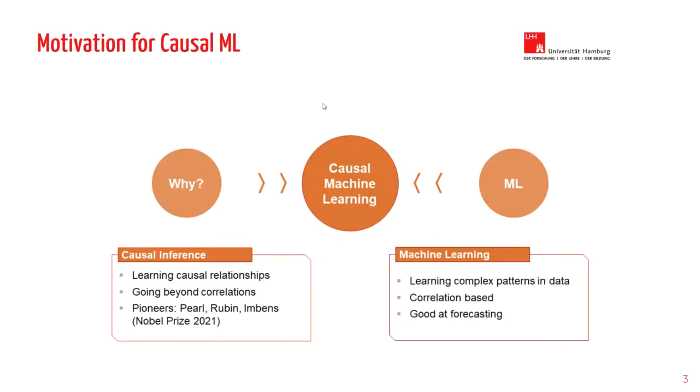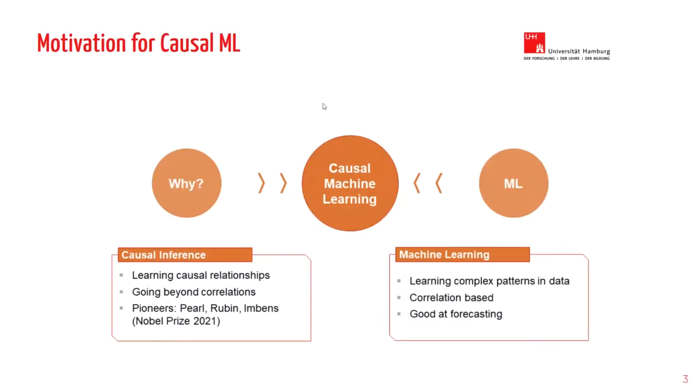On the other hand, we have a literature on causal inference that is concerned with modeling and investigating causal dependencies or causal relationships in data. Whereas the machine learning approaches for prediction are basically based on correlations, or if you extend it a little bit, on associations, the goal of causal inference is really to go beyond this association or correlation, and instead really shed light on the causal mechanisms in an application that you're considering.